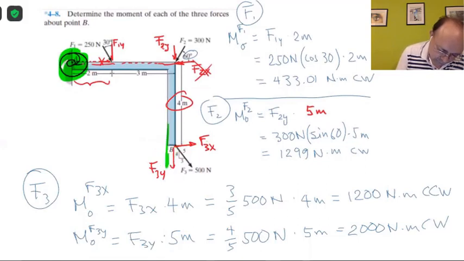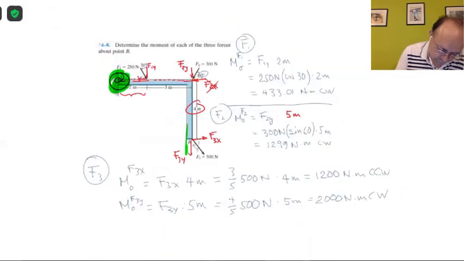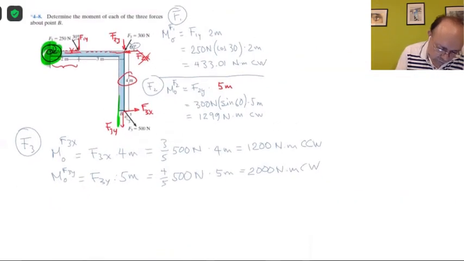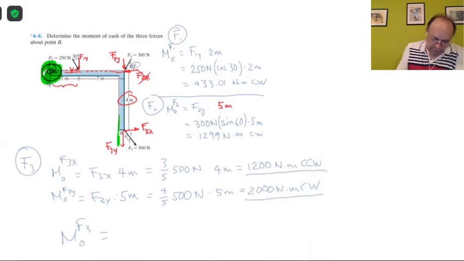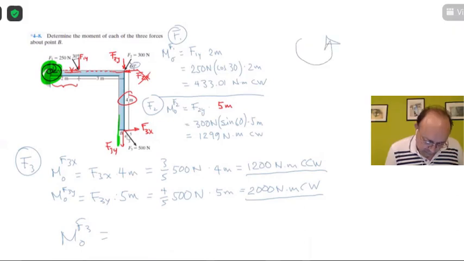So the moment produced by force 3 will be the summation of the two components. The moment of force 3 about point O will be equal to this plus this, but we have to be careful about the signs. So let's put a sign convention here. Let's do counterclockwise positive.